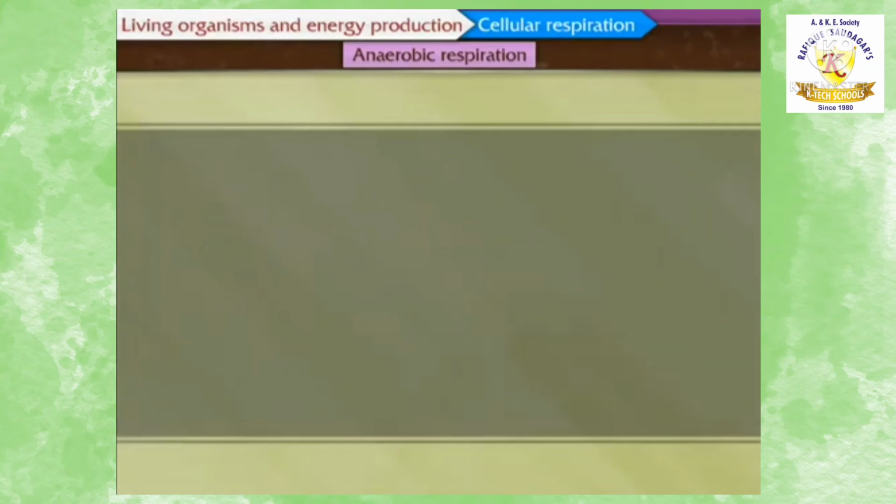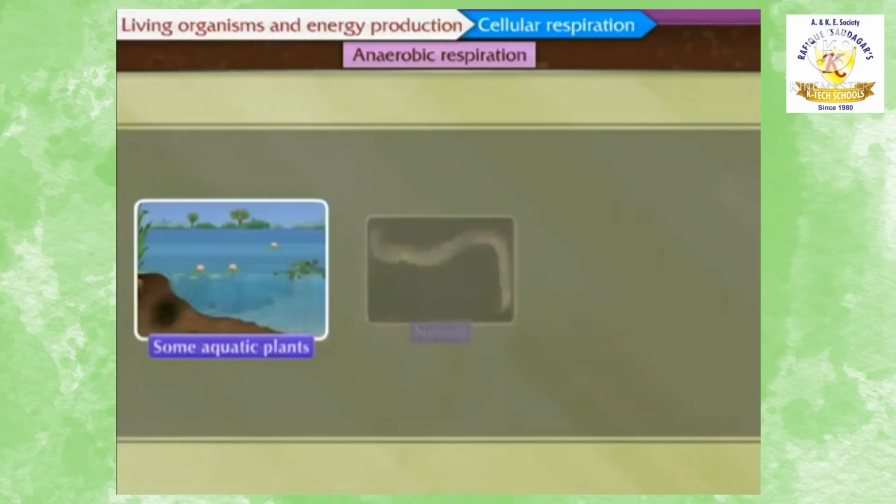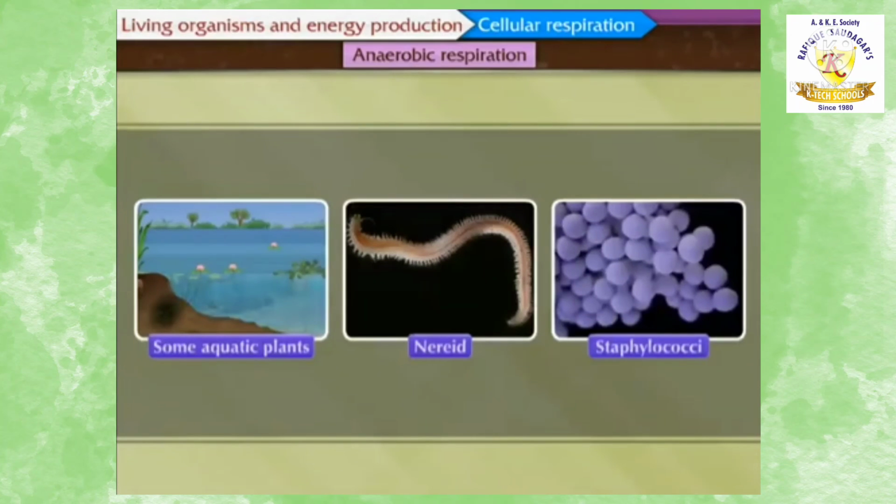Some higher plants, animals, and aerobic microorganisms also perform anaerobic respiration instead of aerobic respiration if there is depletion in oxygen level in the surroundings.